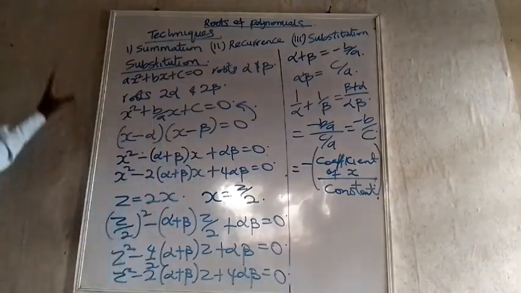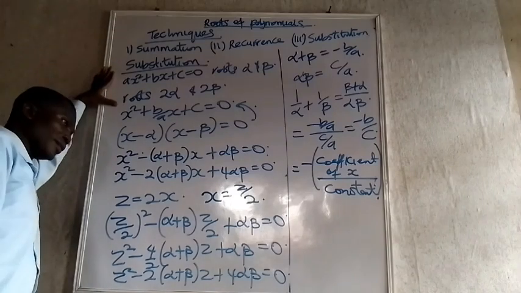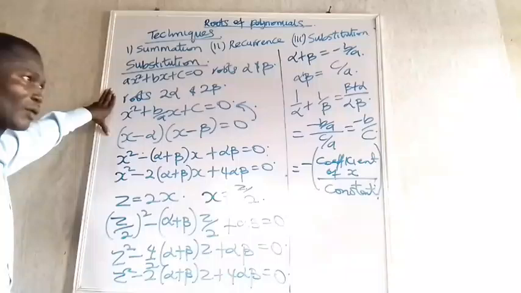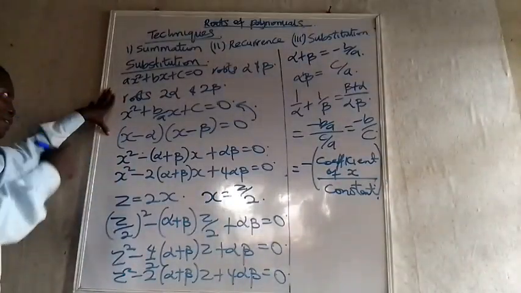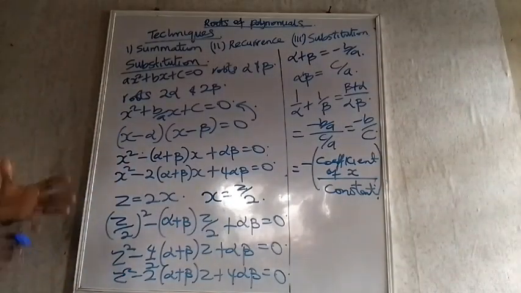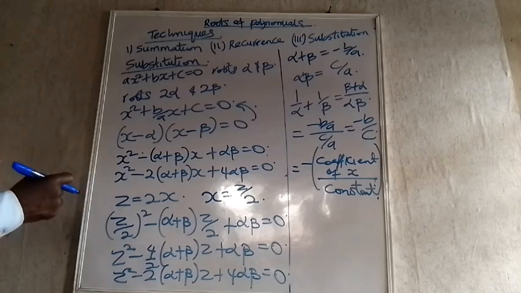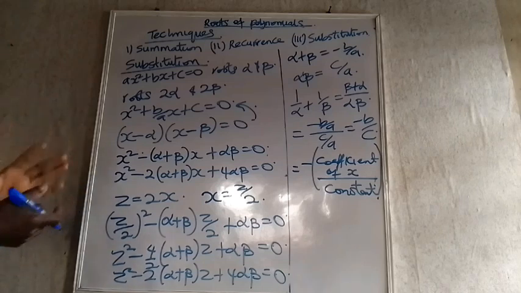So we have discussed the 3 techniques in relation to quadratic equations, so that when we get to a higher level, we find it very easy. Now let's see how we can put this into use using an example with numerals.